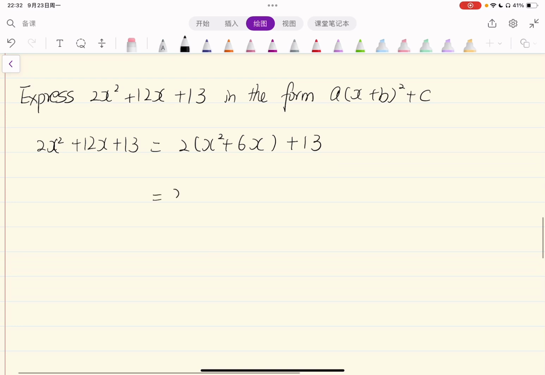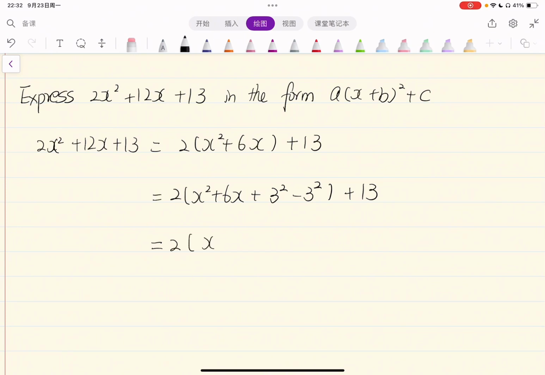Then we have 2 times x squared plus 6x, and we divide the 6 by 2 and square that, we have 3 squared. Actually, we don't have 3 squared, so we need to cancel it. And bracket plus 13. And we write that as 2 times x plus 3, bracket squared, minus 9, bracket, plus 13.